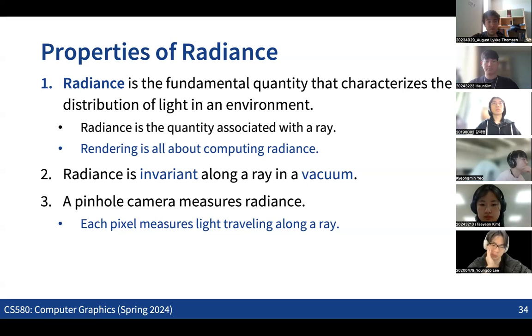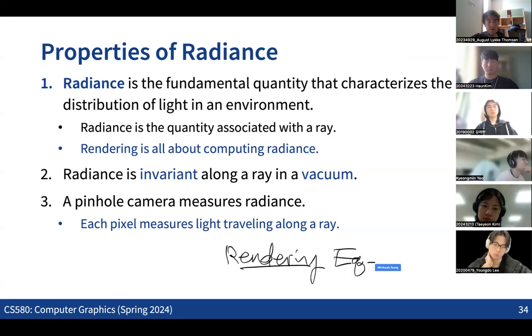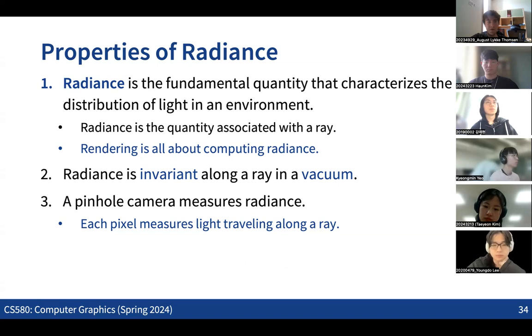And what we are going to do with the so-called rendering equation is calculate the radiance or the irradiance over the space that will change with the reflection between the rays and the objects. And then by accumulating all these changes of the radiance, we are going to get the final rendered image.